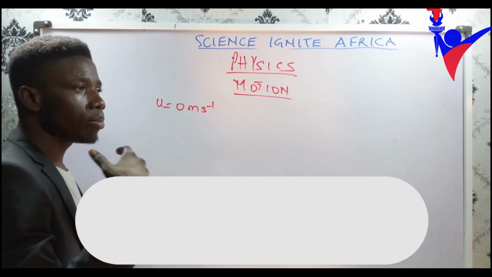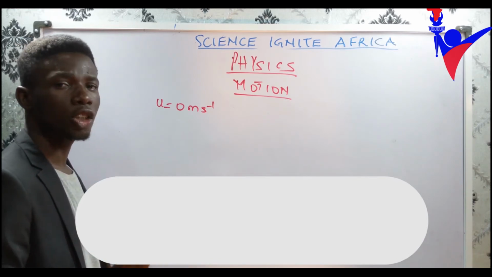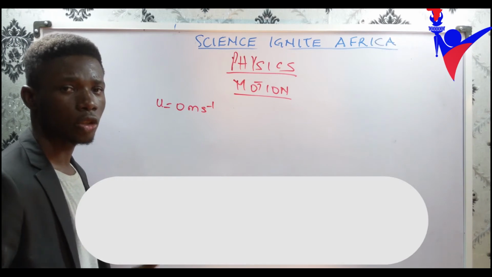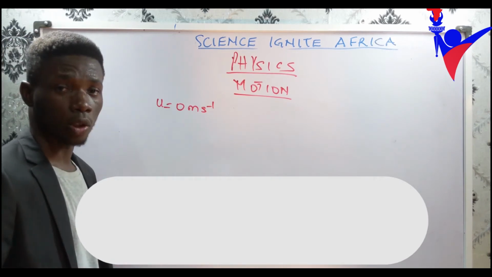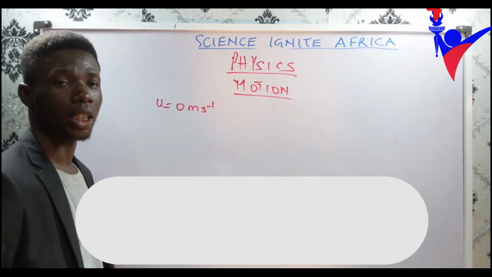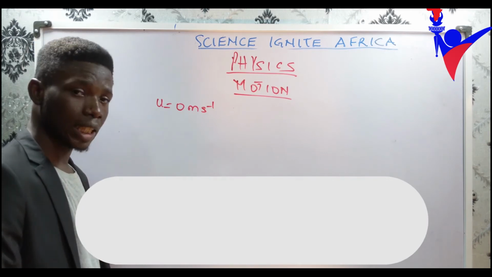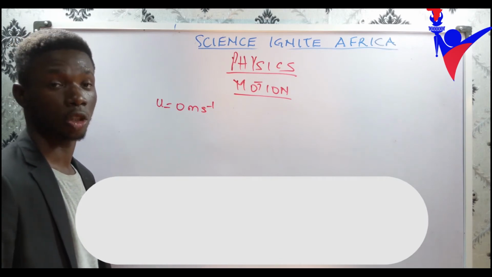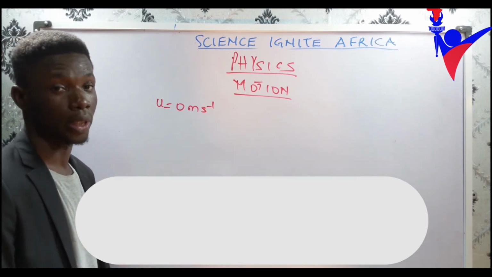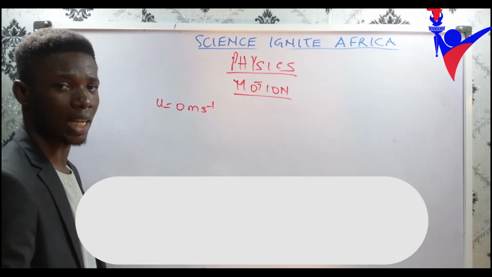Now, the body was given an initial uniform acceleration. Another thing that I didn't mention the other time when I was introducing motion is uniform acceleration. There's acceleration, yes, but there's also uniform acceleration. What does uniform acceleration mean? Most of these things are English words. Uniform, that is the same.